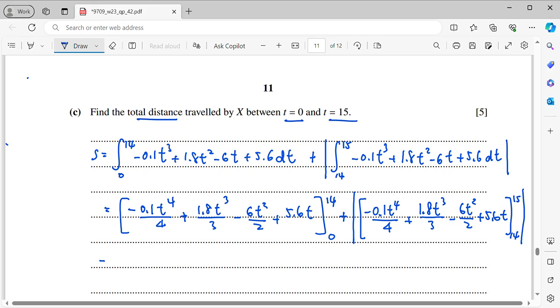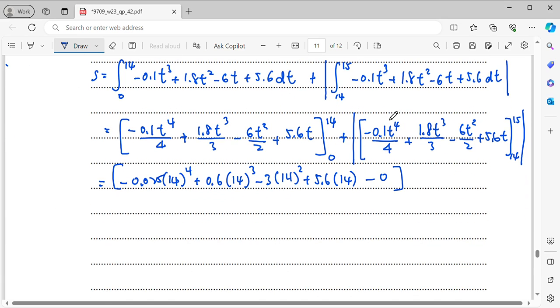Okay, then from here, when you simplify, negative 0.1 over 4 is negative 0.025. Then I directly replace the t by 14. So 1.8 divided by 3 is 0.6, then 14 to the power of 3. 6 divided by 2 is 3, so 14 squared, plus 5.6 times 14, then minus 0. This is my first calculation.